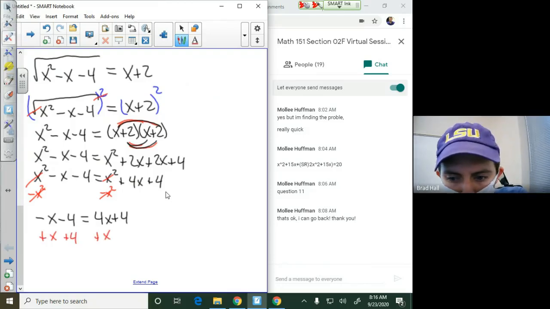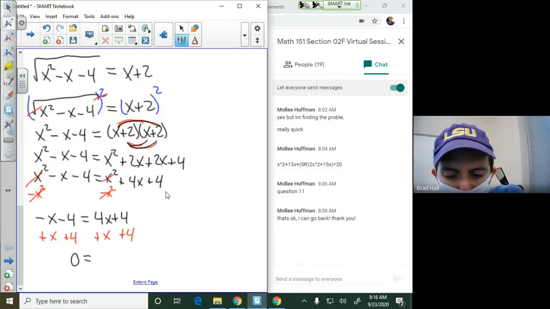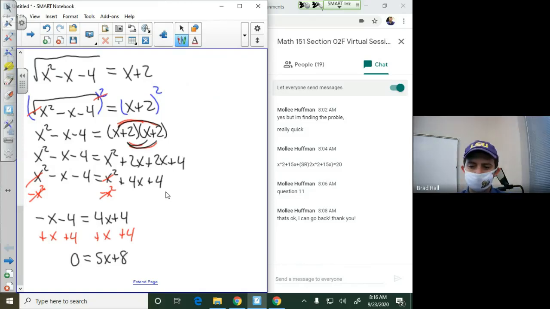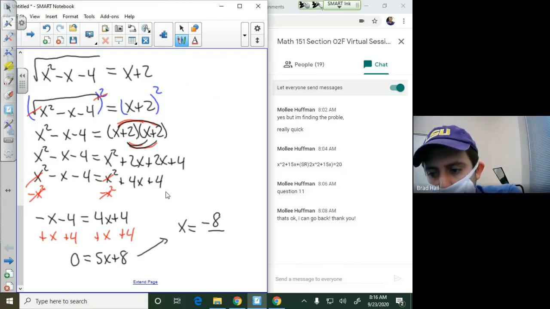We can add 4 on both sides. So that's going to be 5x plus 8. And so subtracting 8 and dividing by 5, we just get that x is negative 8 over 5.